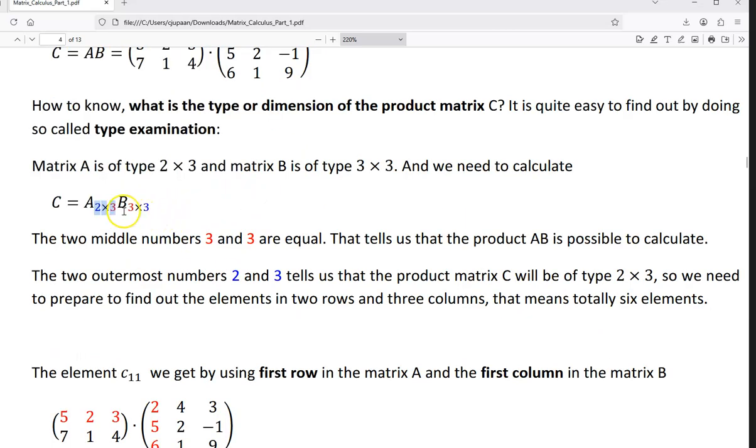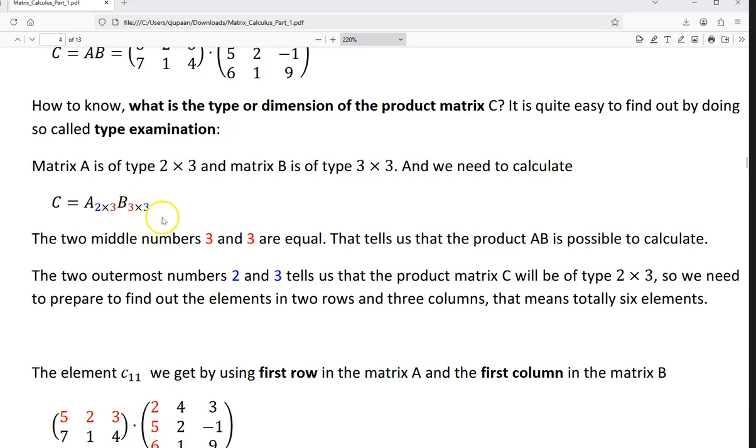But with this type examination we can see more than only whether it is possible or impossible to calculate, because those outermost numbers, here we have 2 and here we have 3, do not have to be the same, but they tell us the dimension of the product matrix. So the product matrix will have 2 rows and 3 columns in this case.